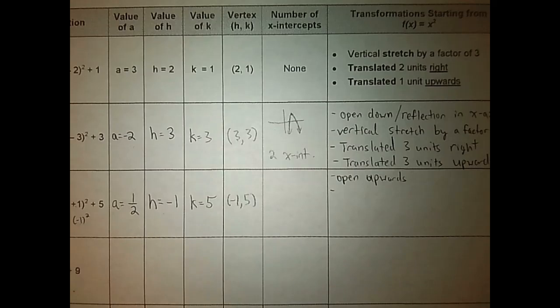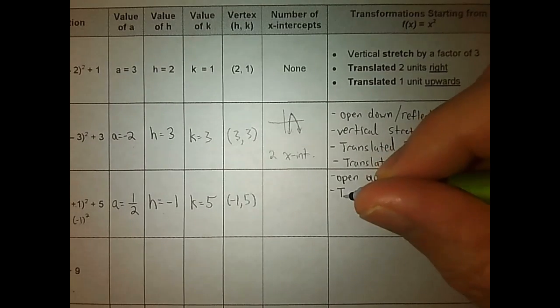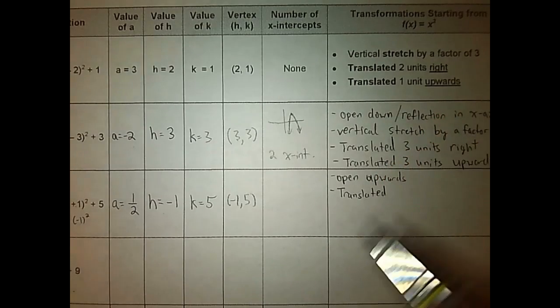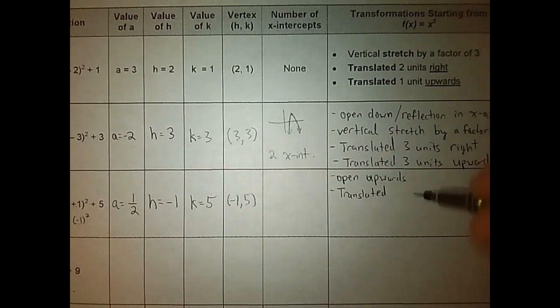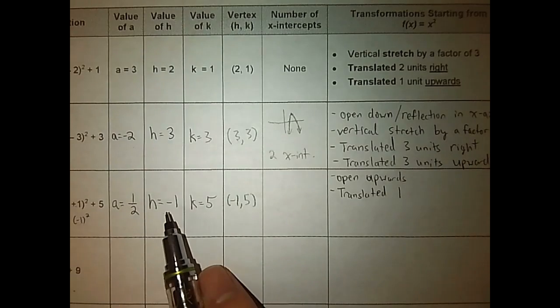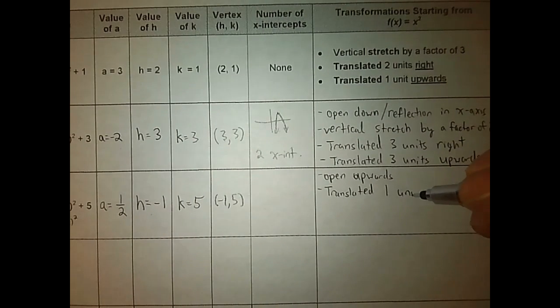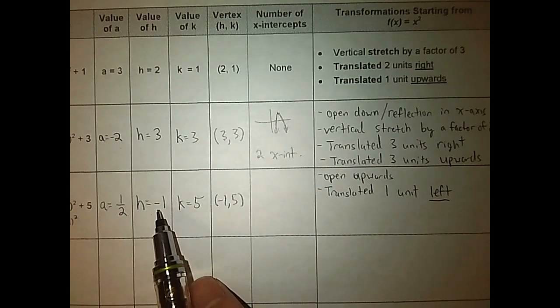Because the h value is negative 1, we're going to say it's translated. How many units? Well, 1 unit, because that's the number. And the negative just means which direction we're going. So we're going to say 1 unit to the left, because we have negative 1.